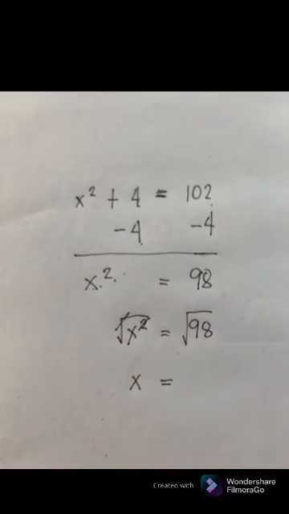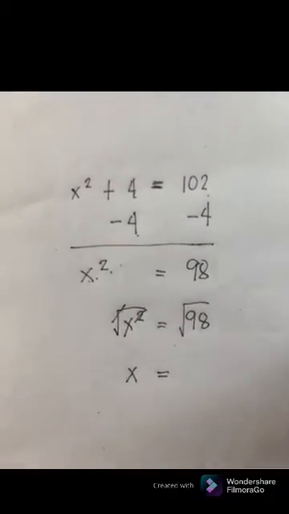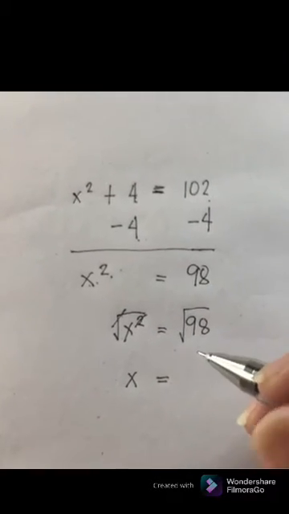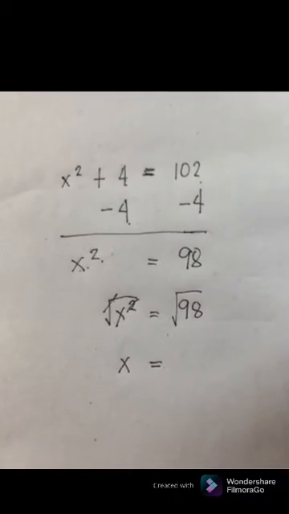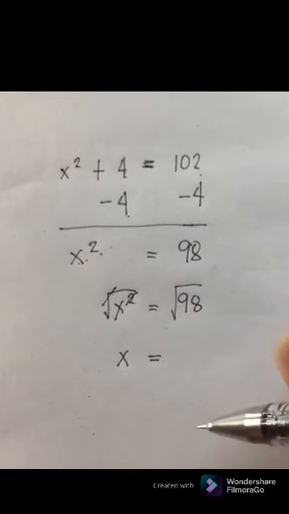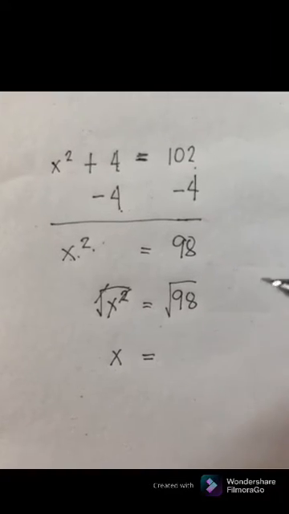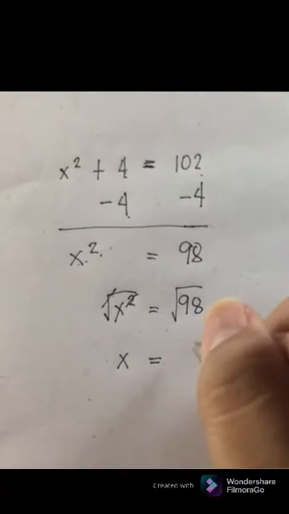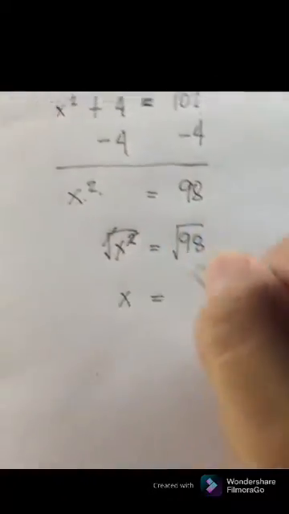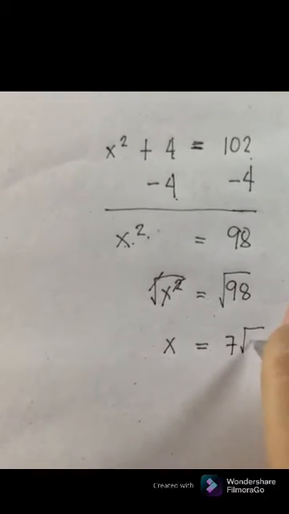But when you use mano-mano, you're going to get the factors of 98, that one factor should be a perfect square. That is why we have there in your learning package the square root of 49 times 2. But when using calculator, we have there 7 square root of 2. So square root of 98, the answer is 7 square root of 2.